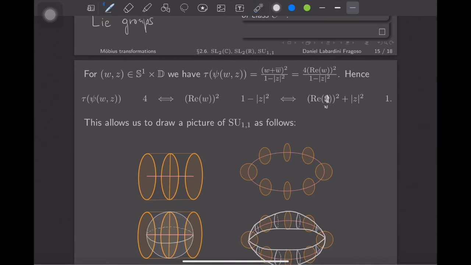So for instance here the trace is exactly equal to 4. Let me write it with some other. This is exactly equal to 4 if and only if, well, this is exactly equal to 4, right?